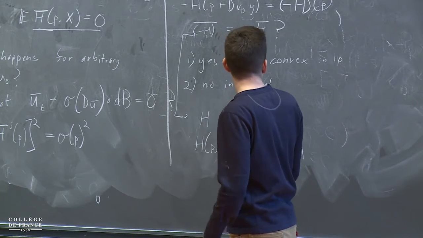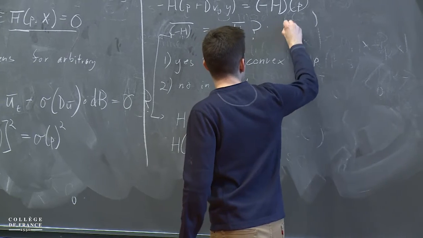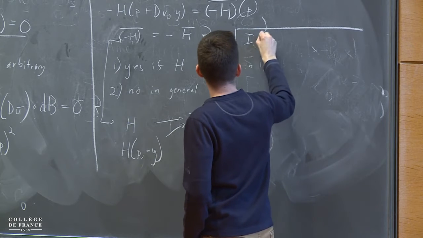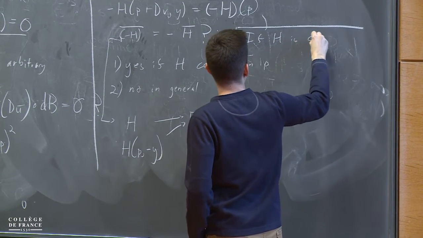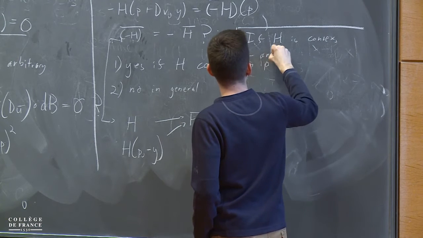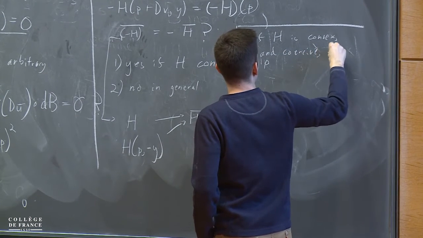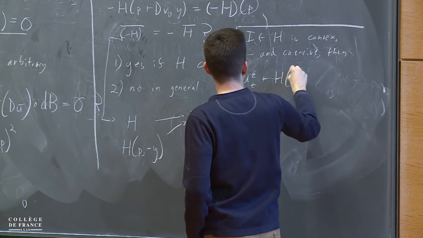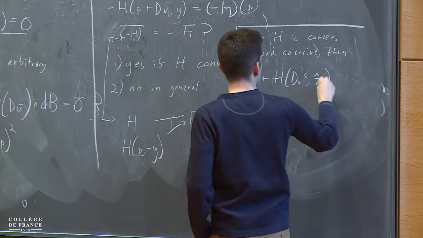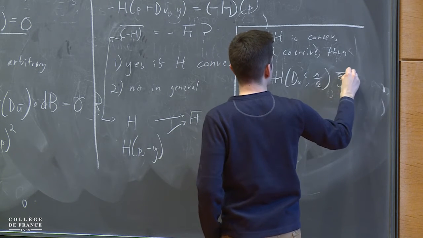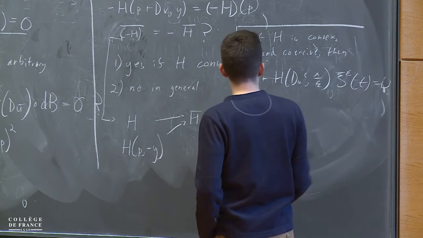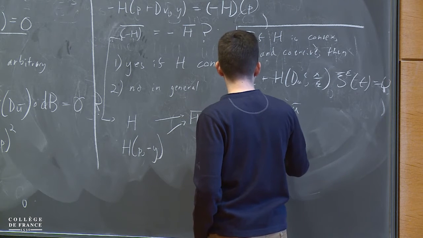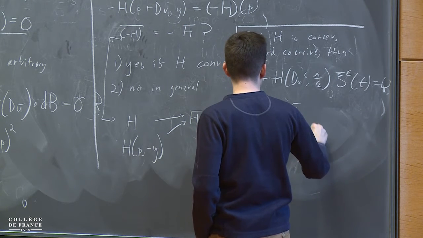But anyway, what this tells me then is that if H is convex and coercive, then whenever I have this kind of equation, and let me make notation a little bit easier and put a C epsilon, then U epsilon will converge to U bar, where U bar solves this equation with just a single path and a single Hamiltonian.